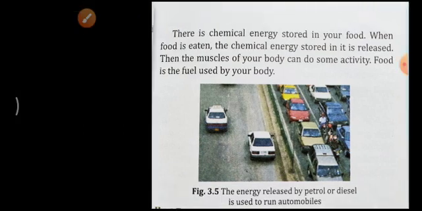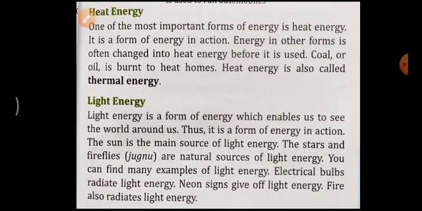Then the next one is heat energy. One of the most important forms of energy is heat energy. It is a form of energy in action. Energy in other forms is often changed into heat energy before it is used. Other forms of energy can easily be converted to heat energy, like coal or oil burned to heat homes. While burning something, obviously heat energy is released.